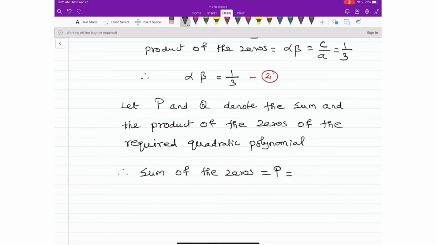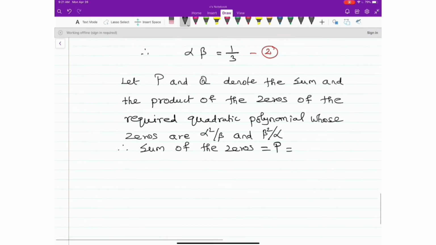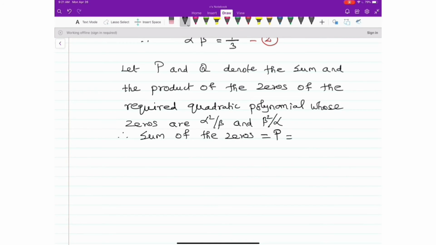That also I will mention here so that it will be easy for us to do the sum, whose zeros are alpha square by beta and beta square by alpha. So what do you get over here? Sum of the zeros is equal to P is equal to alpha square by beta plus beta square by alpha.